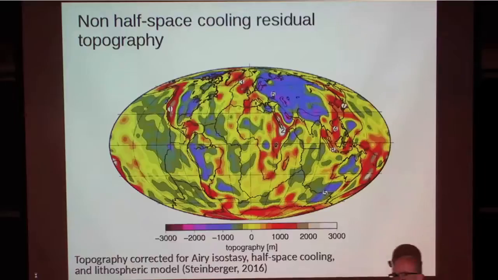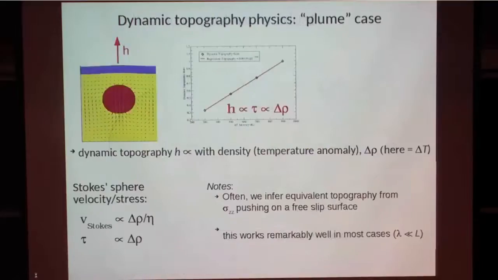And we can now say, well, how does this Stokes sphere talk to the surface? That's another interesting problem, and one that's illustrated here by numerical computation with a free surface for the aficionados. But what you get is that the Stokes velocity scales with density by viscosity. Now, if you have a free slip surface condition, then the stress that's pushing up the surface should scale with the topography height.